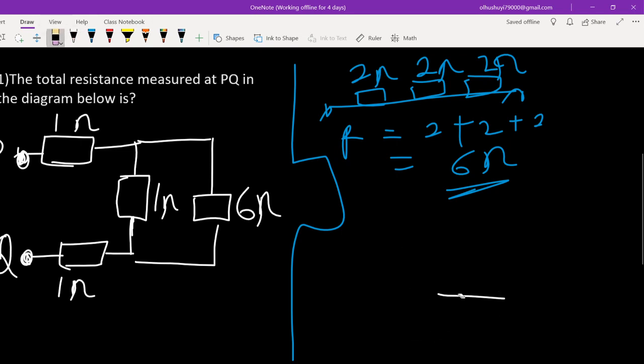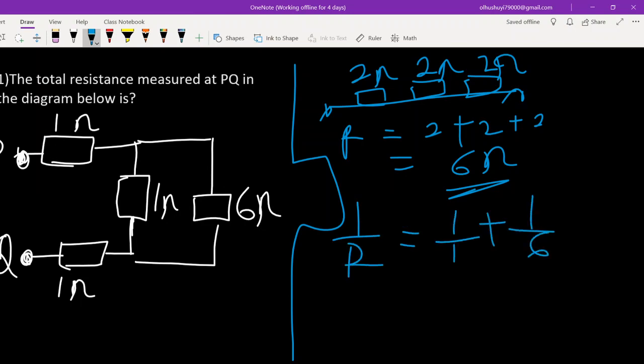So it means I can write my combined resistance as 1 over R is equal to 1 over 1 plus 1 over 6.